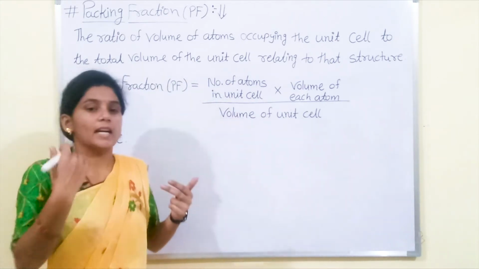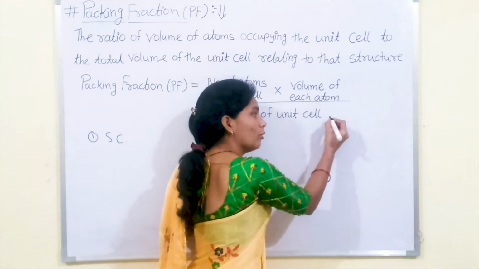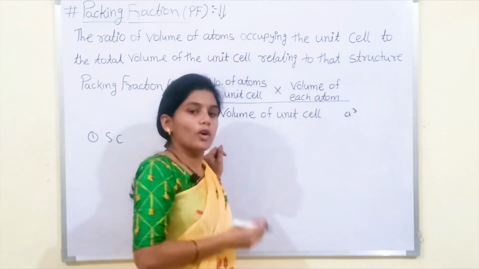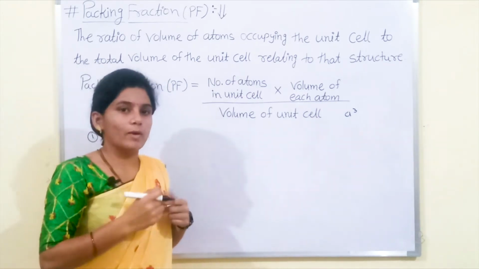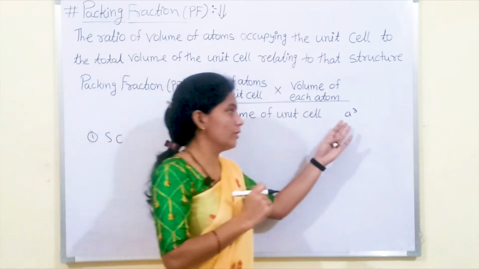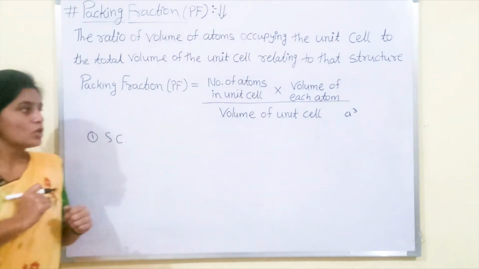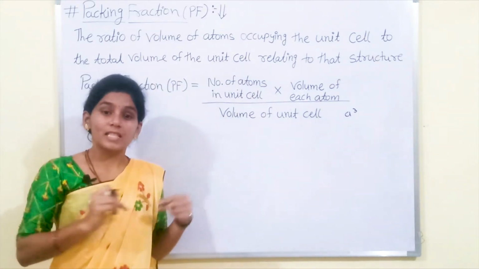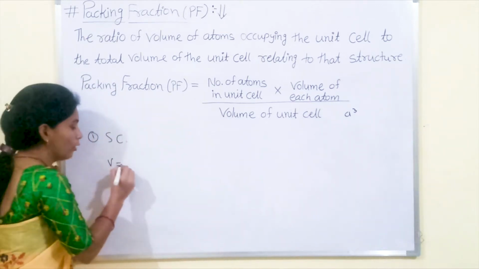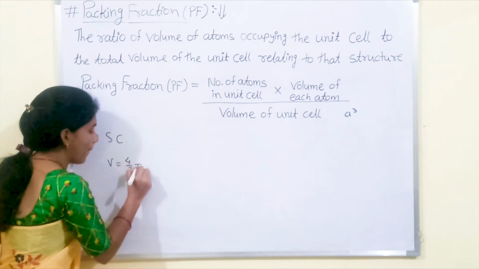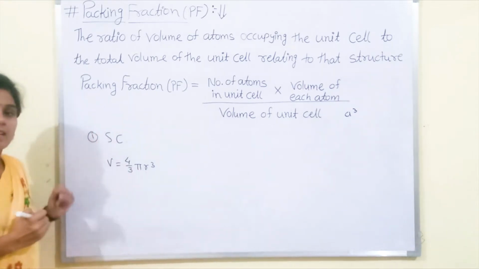Because it is a cubic system, the total volume of the unit cell is a cube, since a equals b equals c, all edges being equal. The atom is like a sphere, so its volume is 4 by 3 pi r cube, where r is the radius of the atom.